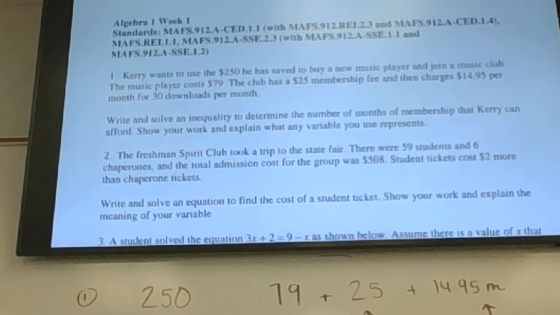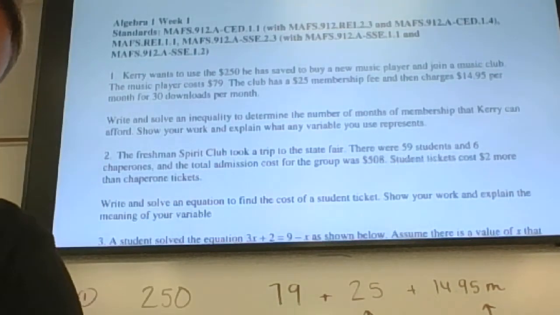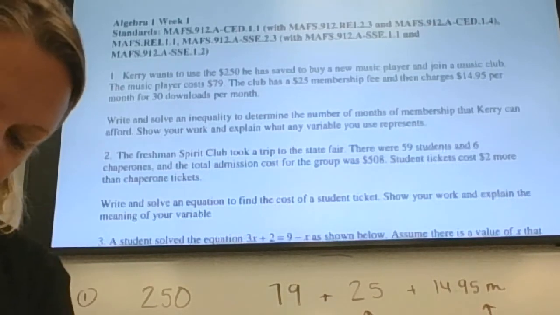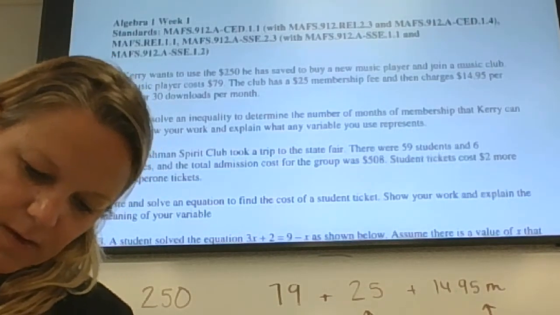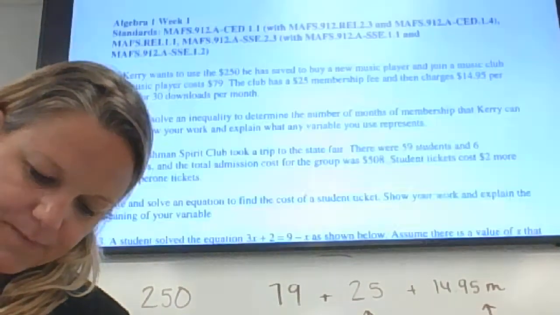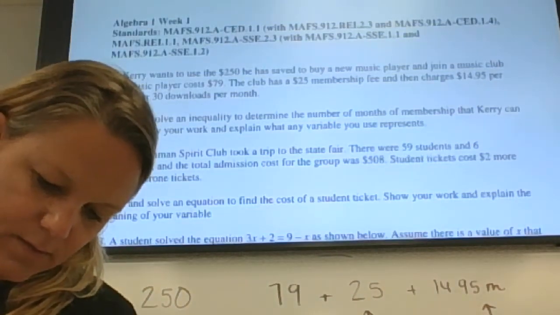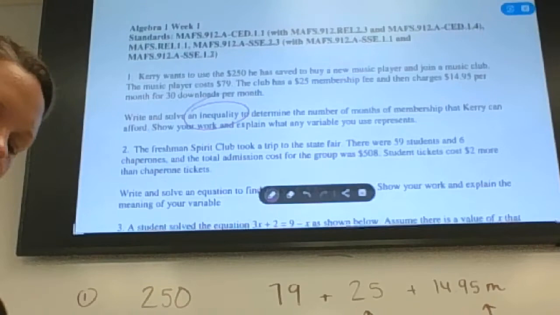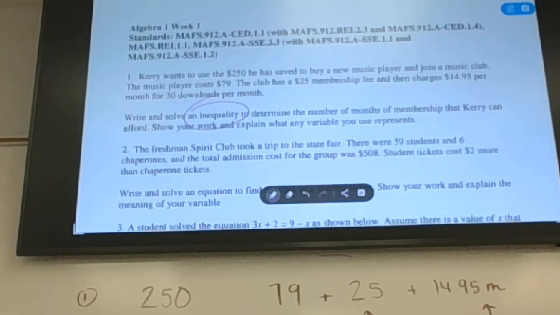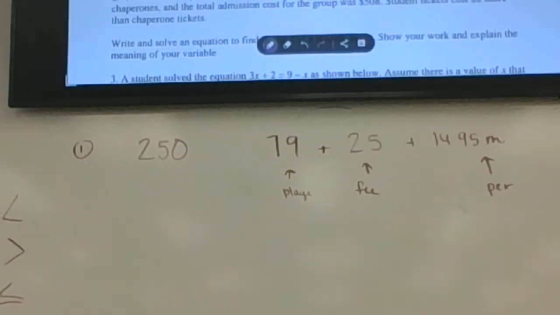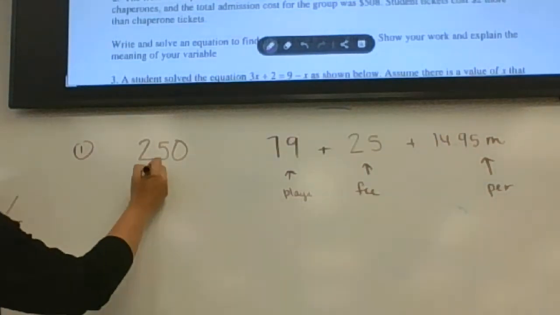So the key word here is inequality. That means we need to use this symbol, or this symbol, or this symbol, or this symbol. These are inequality symbols. So if you did equal signs, go back and rethink it. It's an inequality. So this is the amount that Terry has.